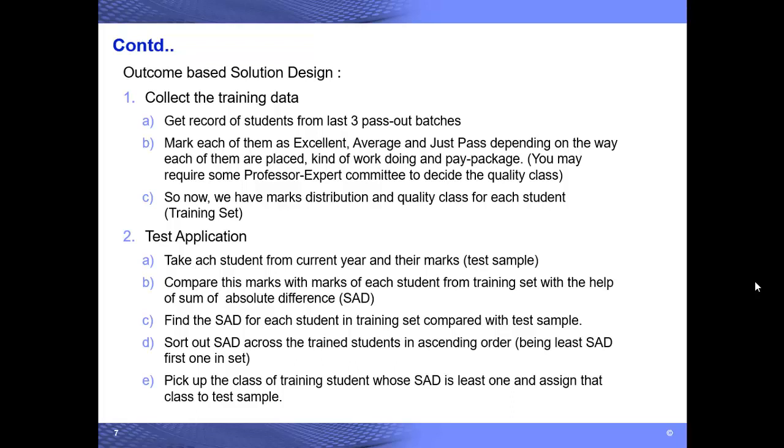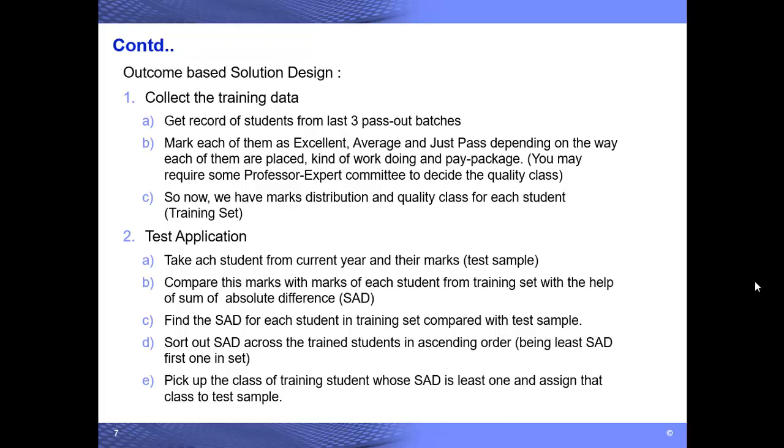Now let's see how to test. So now take each student from the current year and their marks, which will be nothing but the test sample. Compare these marks with the marks of each student from the training set with the help of sum of absolute difference.